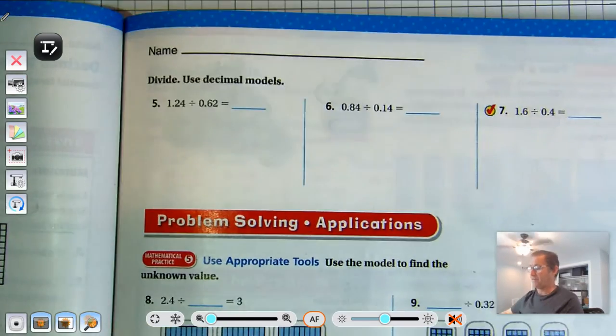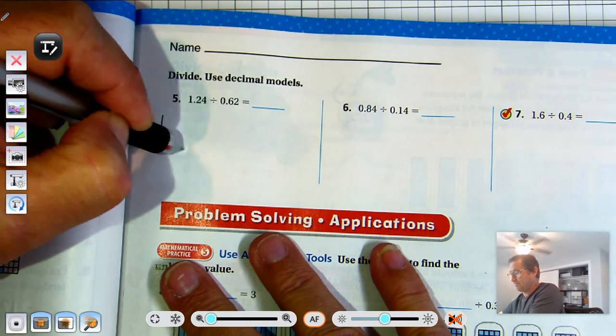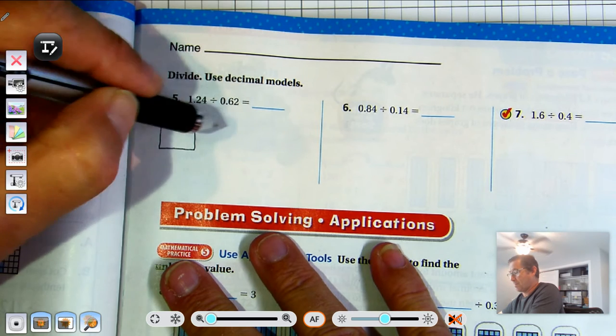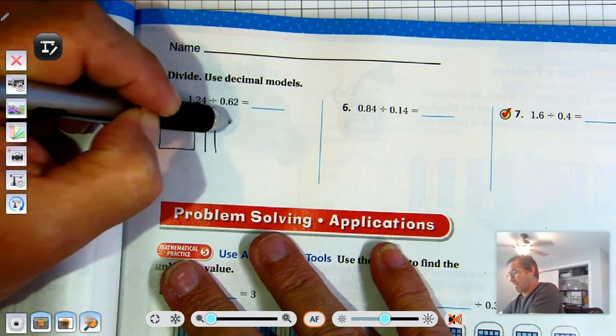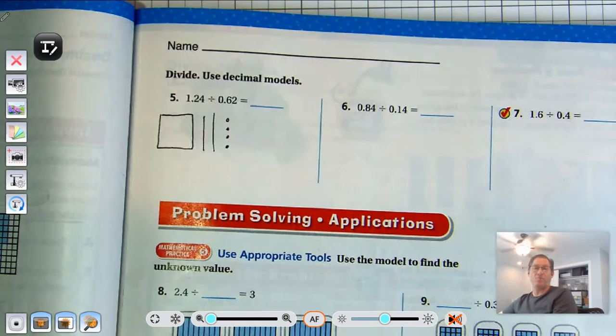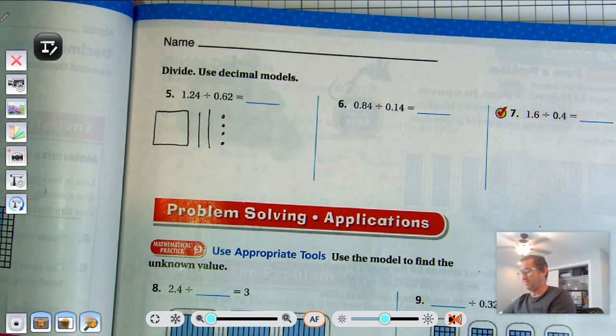Number 5, use decimal models. So we have 1 and 24/100, and we're going to put them in groups of 62/100.